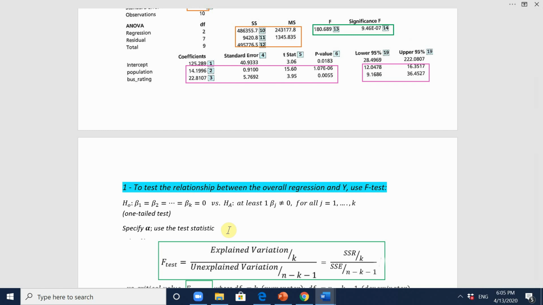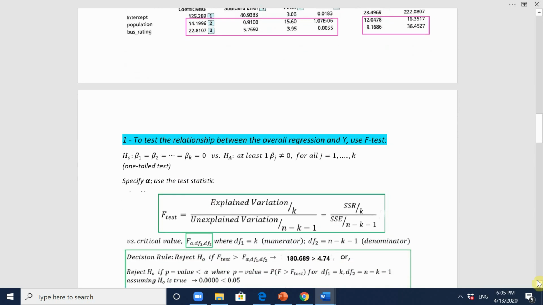The test statistic here is determined by taking a ratio of your explained variation to the unexplained variation. To do that, we take the explained variation, that's your SSR, and we divide it by a factor of k.